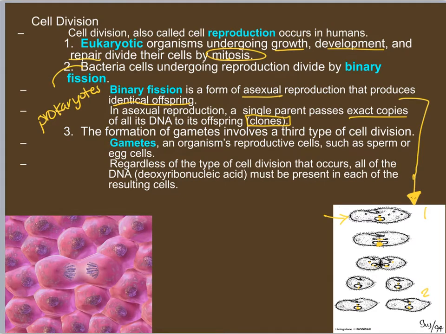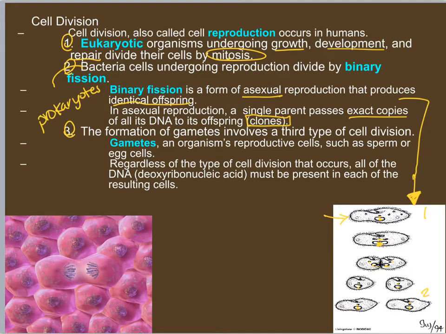So anyway, then you have another main type of cell division. There are a few others we're going to talk about that are asexual and even another that's sexual. But these are the main ones that you'll hear about. The 1, 2, 3 here. So anyway, the formation of gametes. That is the other one. Gametes are going to be your sex cells.